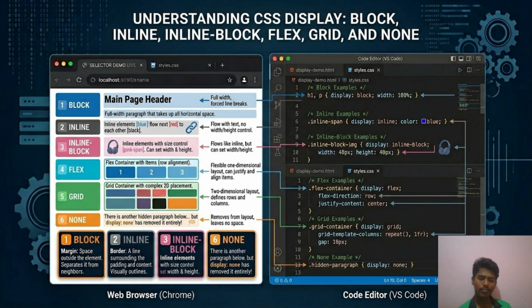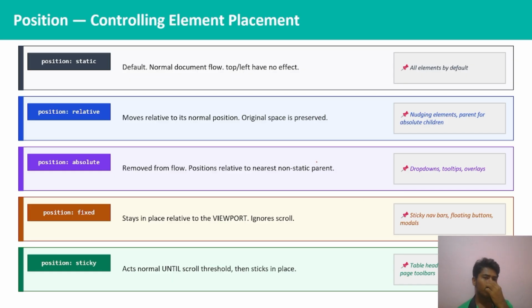Okay. Next, position controlling element placements. Position controlling element placement means, simply, it is used mostly when we use the position static keyword in CSS.